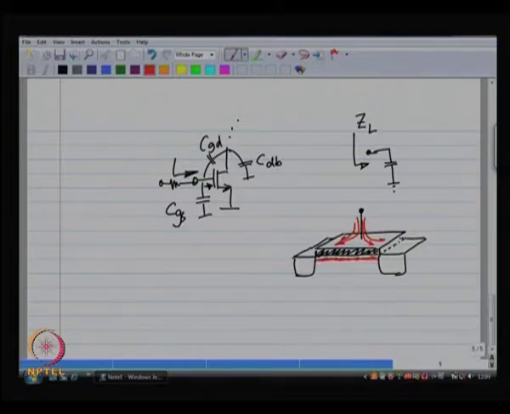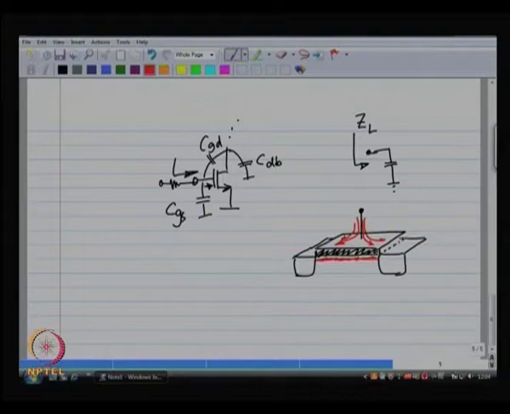And remember that although it is a MOSFET, it is no longer metal oxide semiconductor. This gate is made up of material like polysilicon. So, as a result, polysilicon is also used to make a resistor.